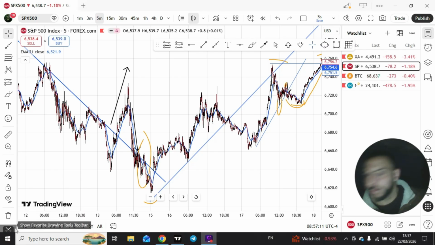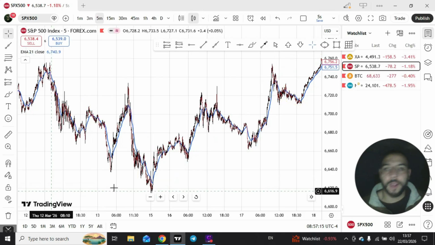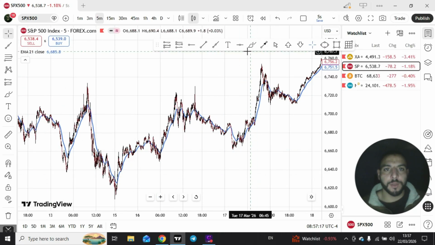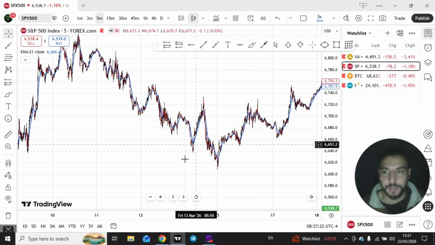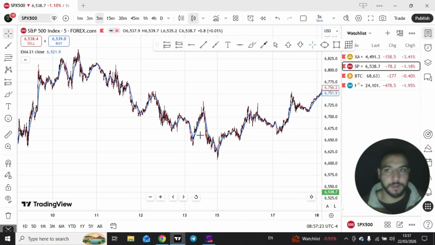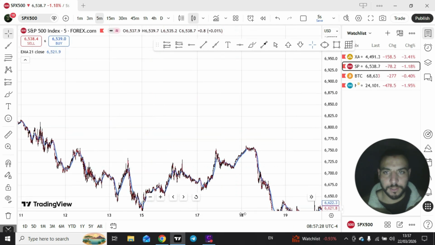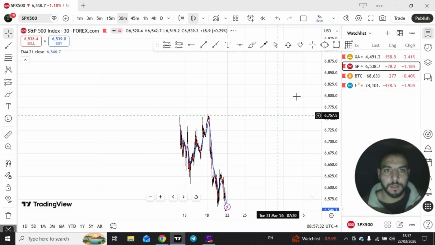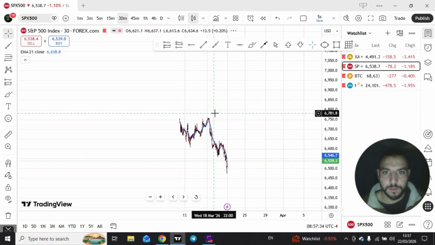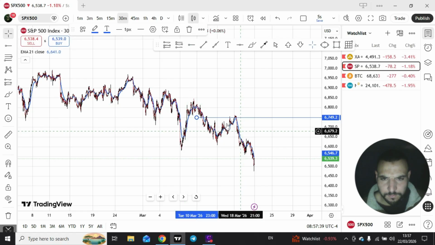Okay, the last thing to say about this is where and when to trade. There are some places that I don't recommend you trade in. So let's say we have a good support area or resistance. Let me go on a 30-minute time frame.